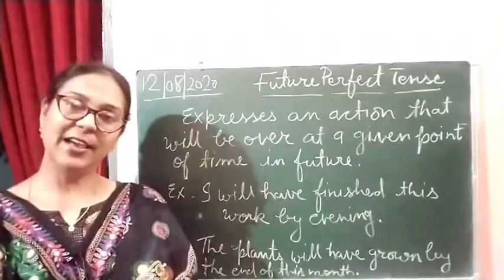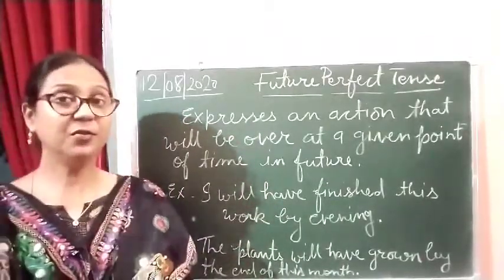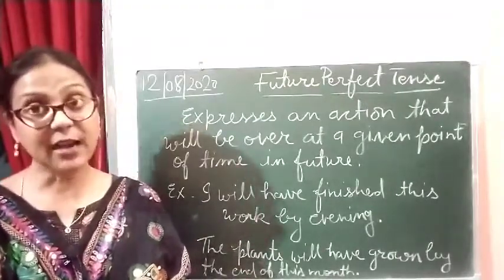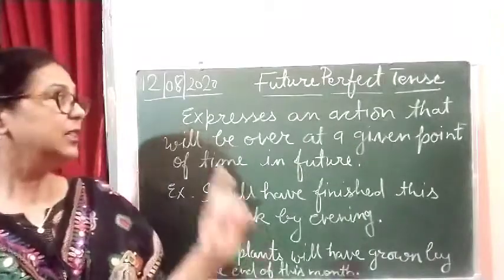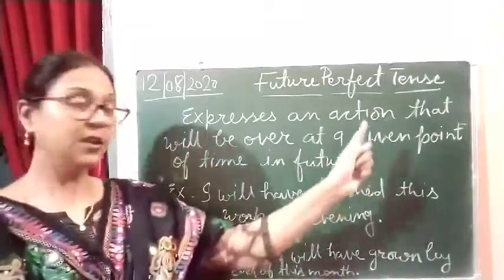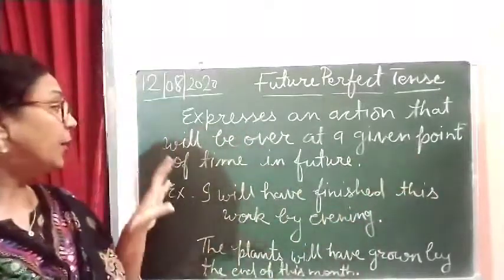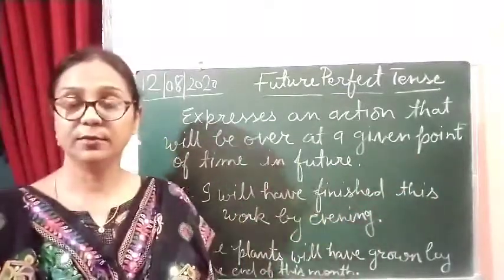First of all, I would like to say the definition of future perfect tense, what we mean by future perfect tense, that we have to learn today. This expresses an action that will be over at a given time or point of time in future.